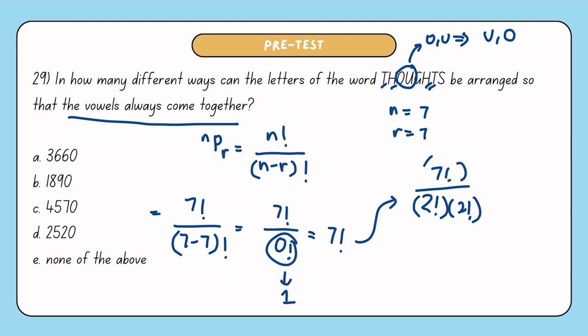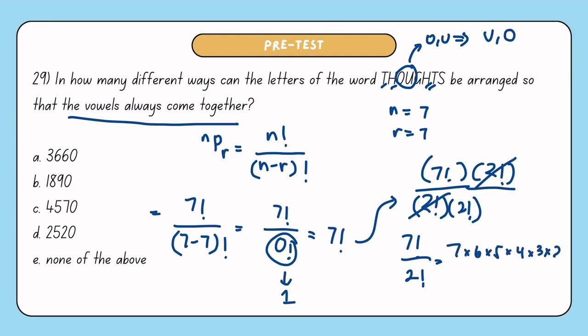So, kailangan naman natin i-multiply ito by 2 factorial. Kaya magka-cancel out itong dalawang 2 factorial, leaving us with 7 factorial over 2 factorial. Or 7 times 6 times 5 times 4 times 3 times 2 times 1 over 2 times 1. Magka-cancel out to. So, we are left with 7 times 6 times 5 times 4 times 3. So, the answer is 2,520, which is letter D.